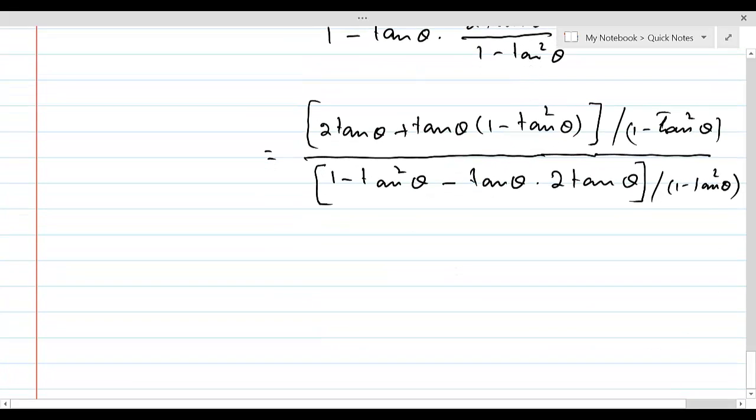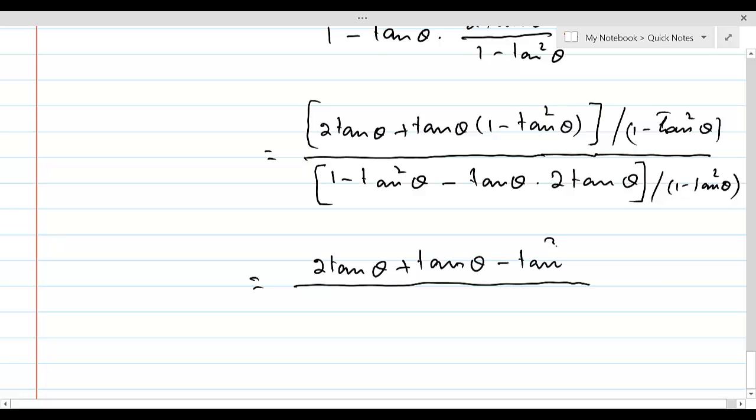So these can get cancelled and we are left with 2 tan theta plus tan theta minus tan cube theta over 1 minus tan square theta minus 2 tan square theta.